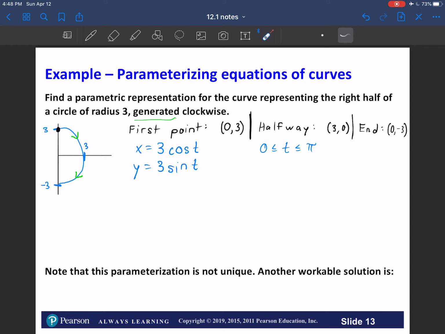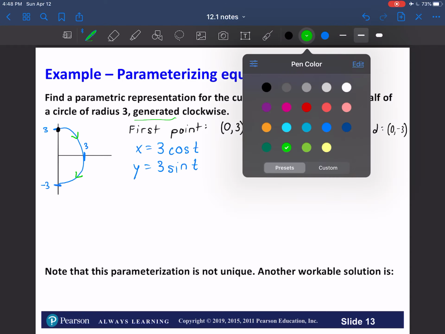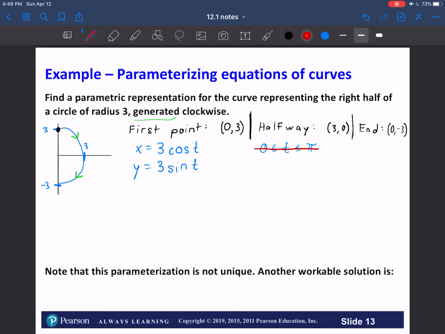All right, so perhaps that's not quite the right bounds for t to use. Let's try a different one. Let's go pi over 2 to 3 pi over 2. Well then the first point that we would get would be at x equals 0 and y equals 3.